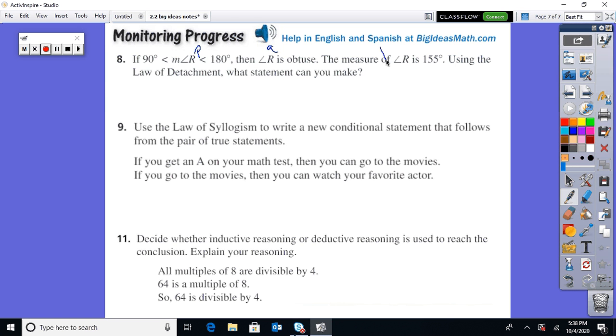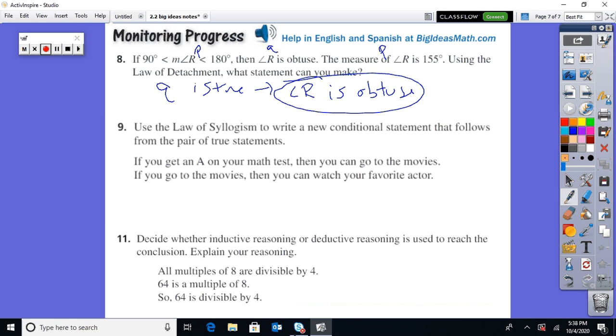So now they're giving us a P value of being true. So I'm allowed to say that the Q is true. So I could say that angle R is obtuse. That'd be your answer.